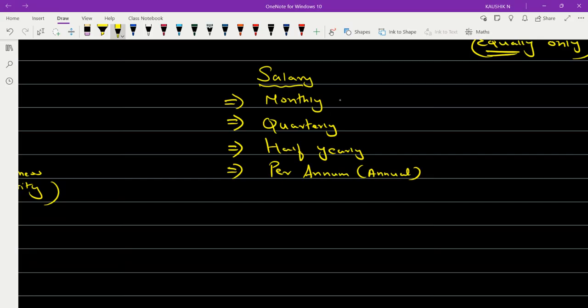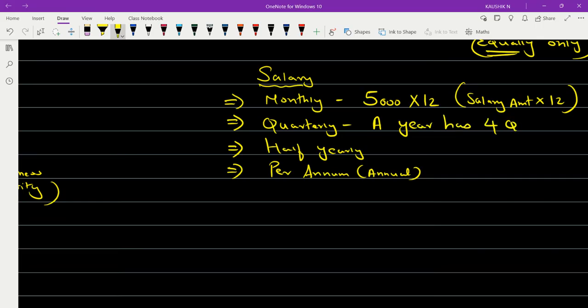If the question says a partner is eligible to receive 5,000 rupees per month, then remember whatever salary is mentioned, in this example 5,000, it should be multiplied by 12. That is salary amount into 12. Where it has been given on a quarterly basis, remember the concept: a year has 4 quarters.